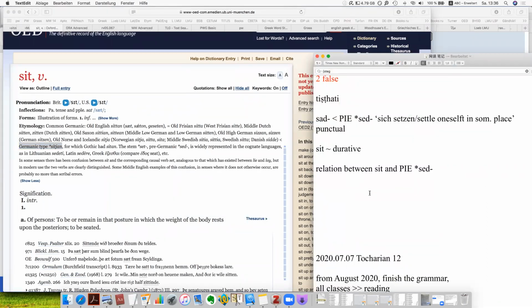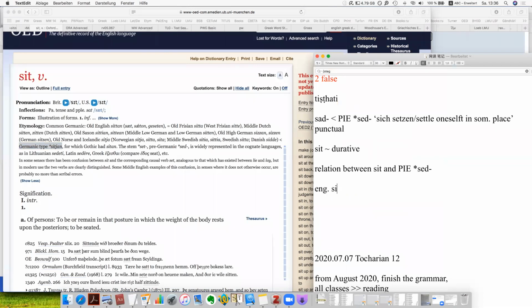So English sit comes from Old English sitan, and Old English sitan comes from Germanic sitian, which is actually a ya present. A short vowel followed by a double consonant, a long vowel followed by a single consonant.